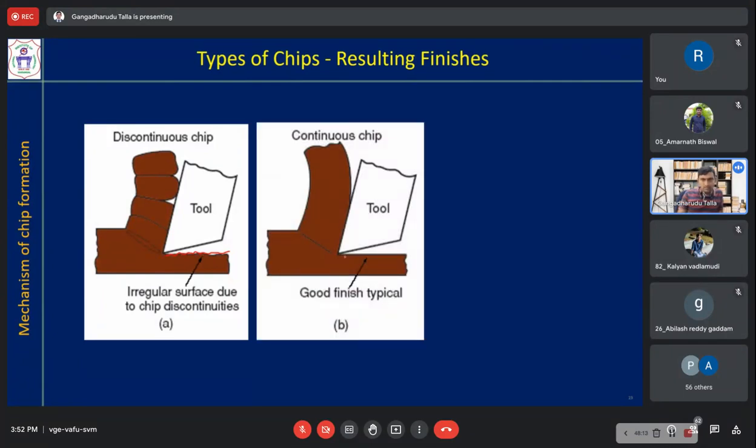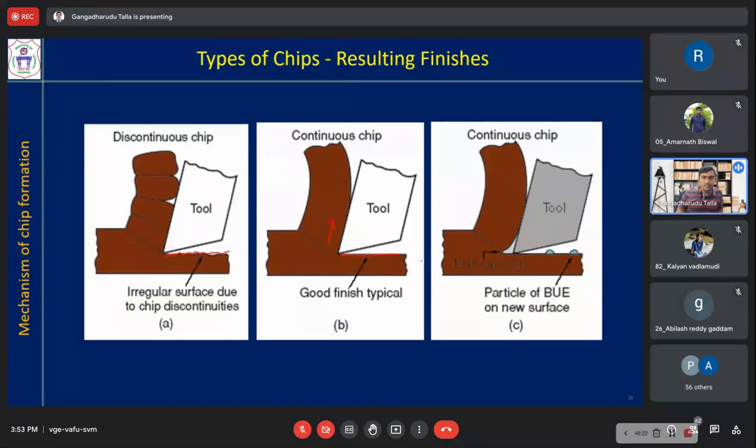Here, if there is a continuous chip, you will get a good surface finish. And the next is if you have built-up edge, so even though the chip is continuous, you have small lumps of built-up edge sticking on the finished surface. So surface finish is not good here also.